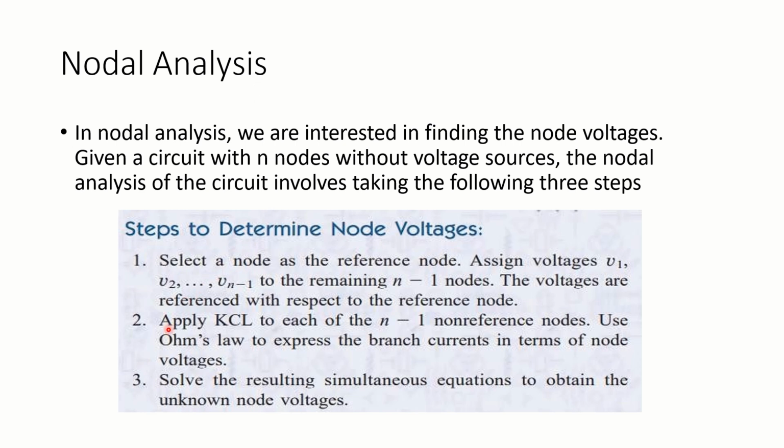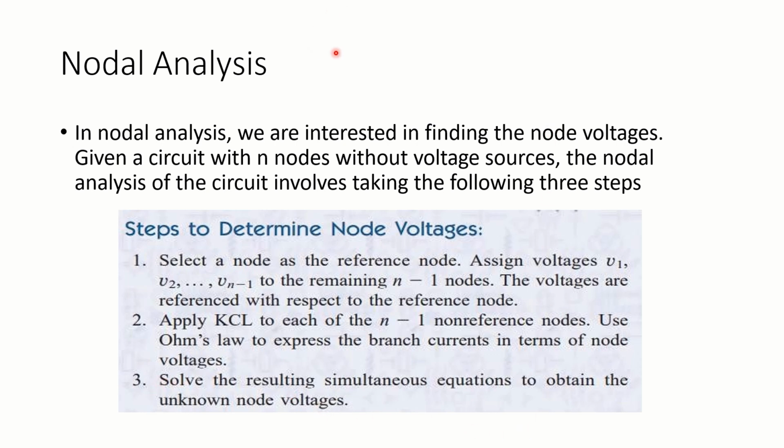The second step is to apply KCL to all non-reference nodes. And the second part of the second step is to apply Ohm's law in order to find the current. And the third step is to simultaneously solve the obtained equations.